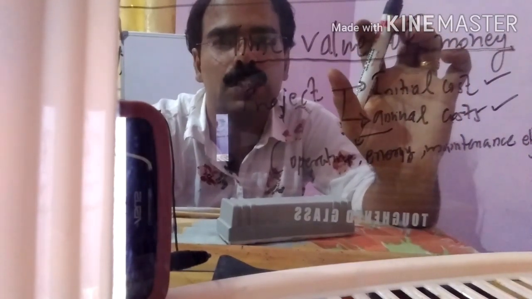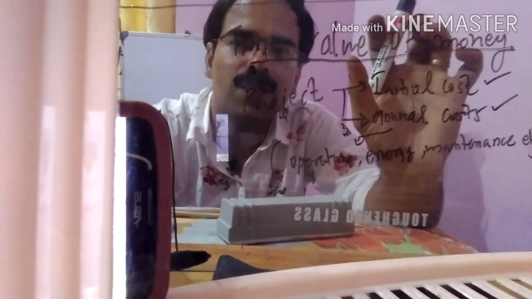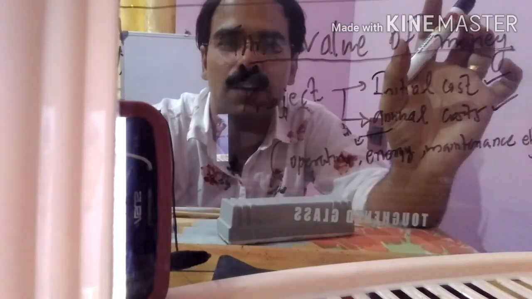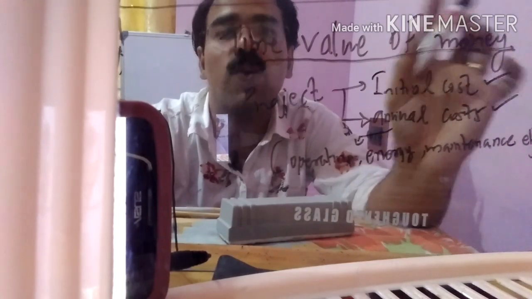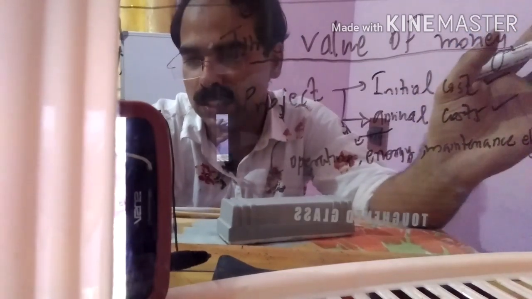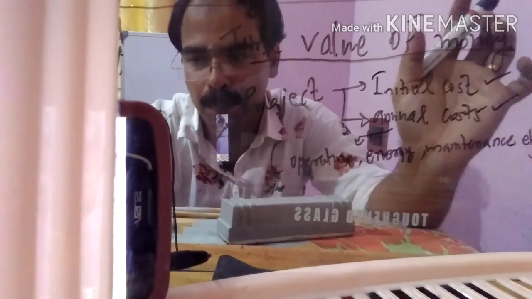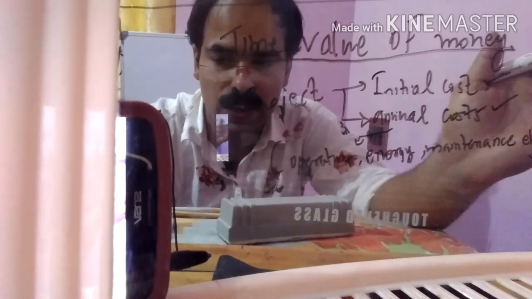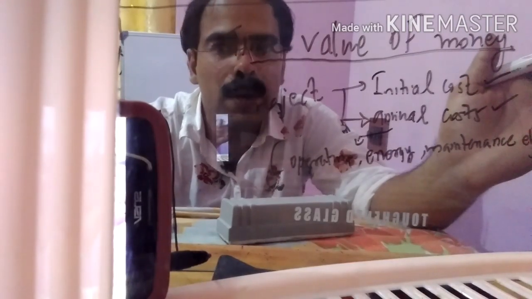We all know that. If we invest that 100 rupees in a bank and get 10% interest, then after 1 year there will be 10 rupees extra value. That is the difference. So the time value of money explains the present and future cash flows; it equates them to a common basis.